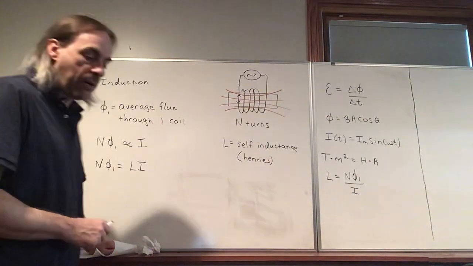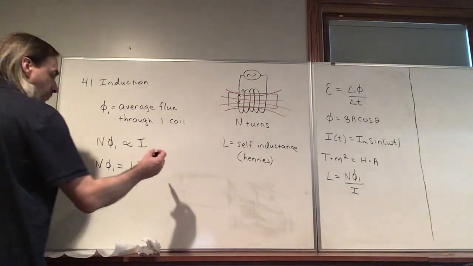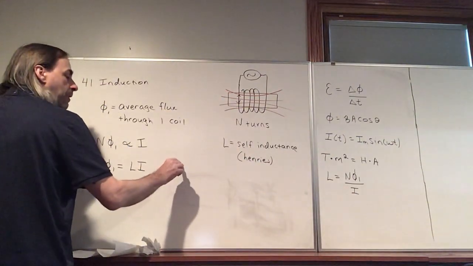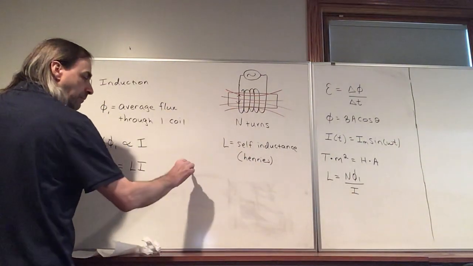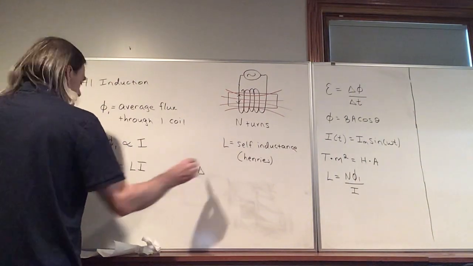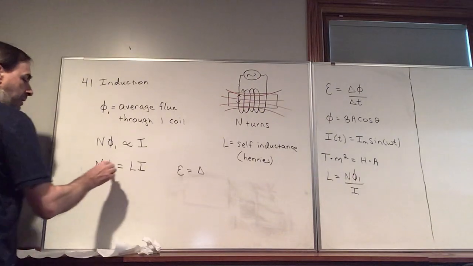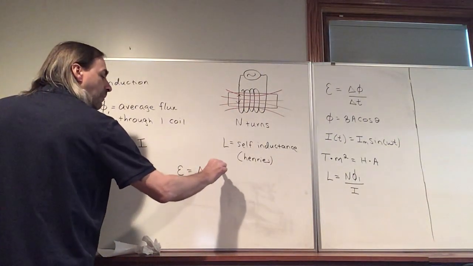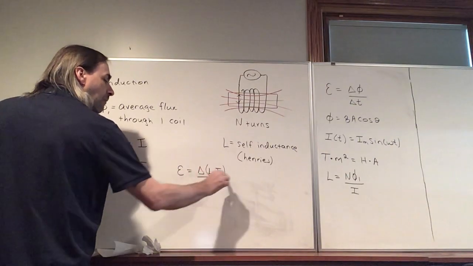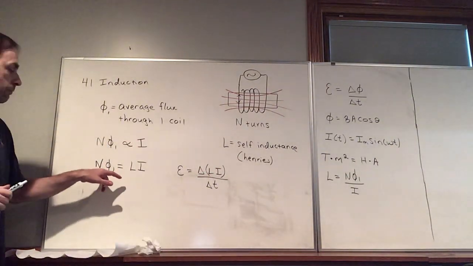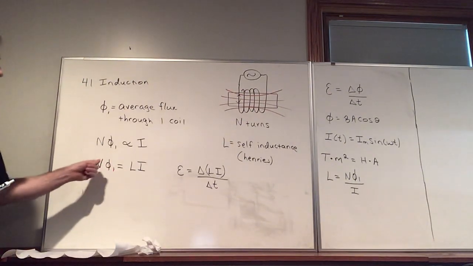Now let's apply Faraday's law here. Faraday's law, if we apply that to this coil, that EMF would be the change in flux. So the total flux through the coil would just be Li. Here, this is the average flux for a single loop.